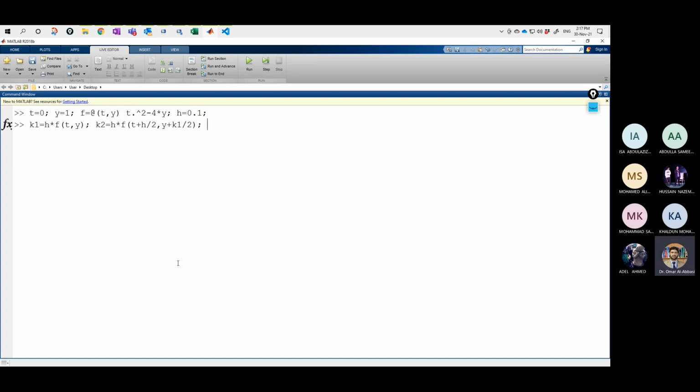Okay. And then the new solution equals the old plus K2, and then you update the time, T plus H, and then you just present T and Y.